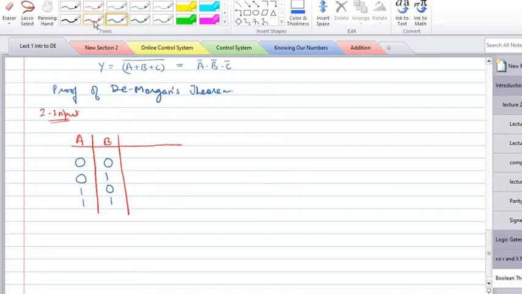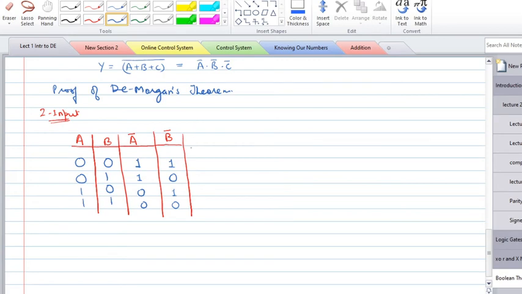Now what will be the value of A bar? A bar will be 1 1 0 0. Similarly, what will be the value of B bar? B bar will be 1 0 1 0.